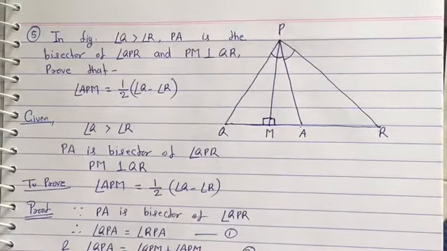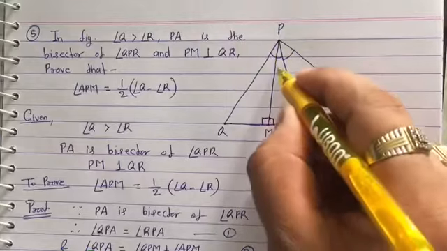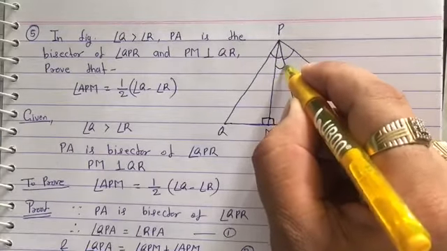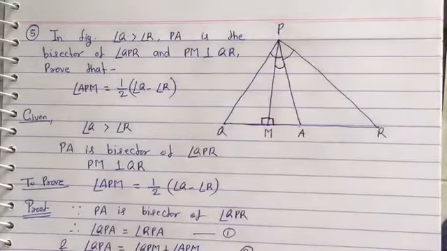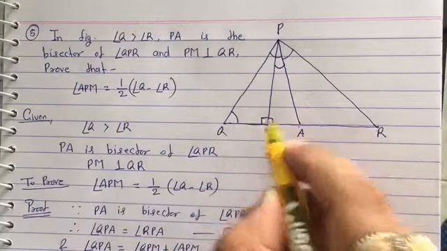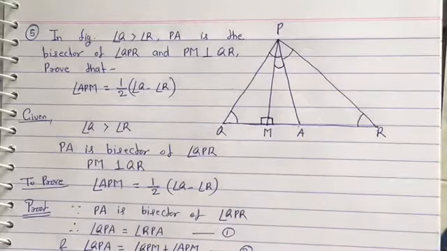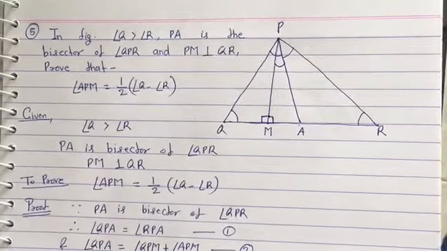What we have to prove? We have to prove angle APM, meaning this angle, is equal to half of angle Q minus angle R. This thing we have to prove.